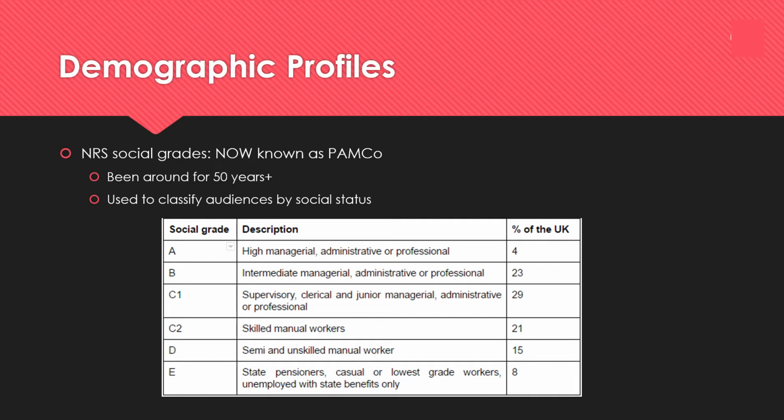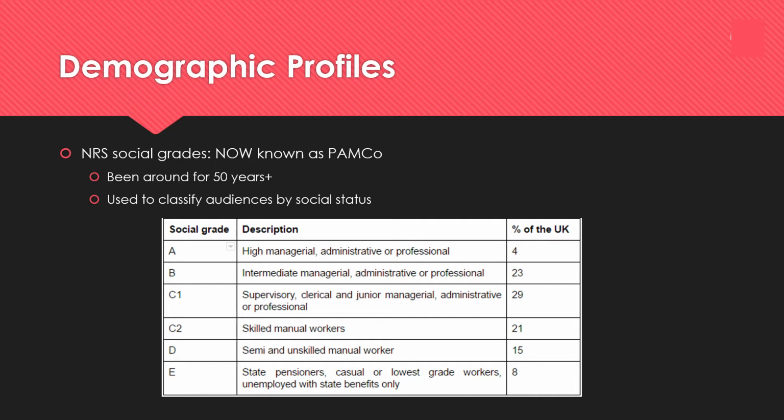So when you look at the actual social grades, you can see that that's the population of the UK and which category they fall into. So only 4% of the UK fall into professional, administrative and high managerial.